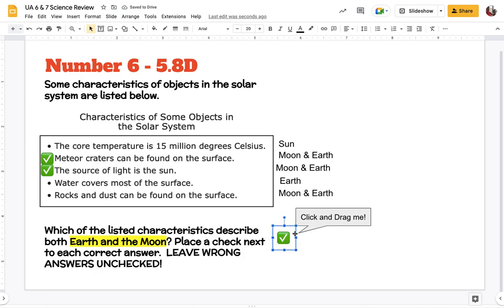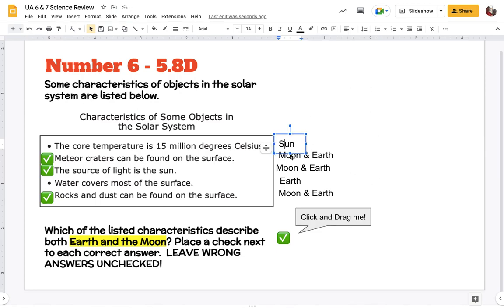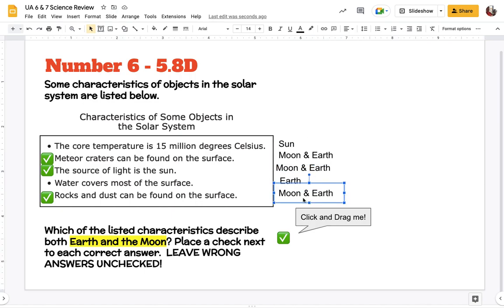Drag and drop my little check mark over here by that one. Try to cover the dot. There we go. That's it. That's my answer. And so guess what? Having these things off to the side here, labeling them, that's enough work for me. I'm okay with that. So good job, y'all. Ready to move on to number 7.